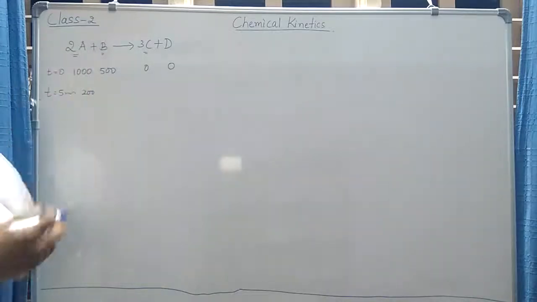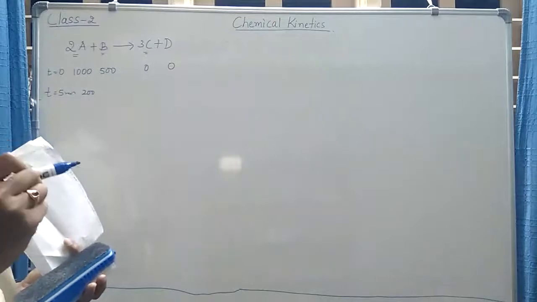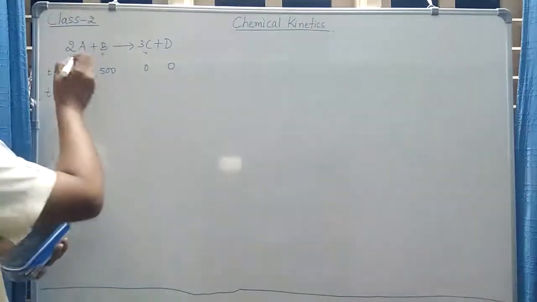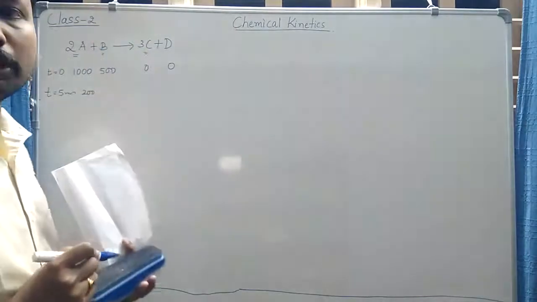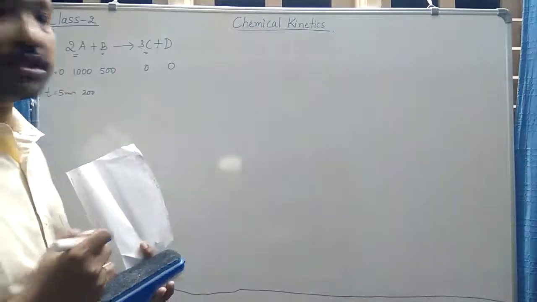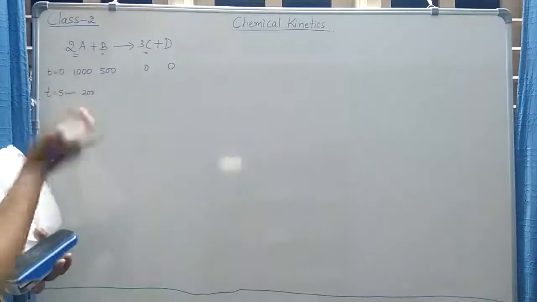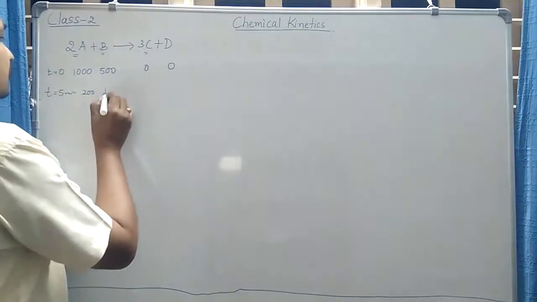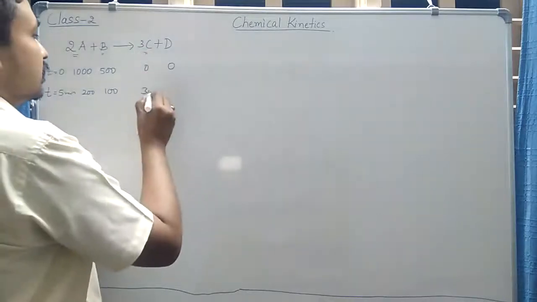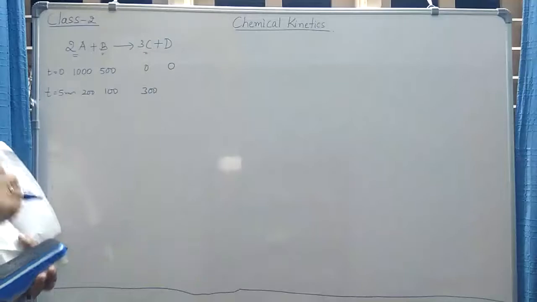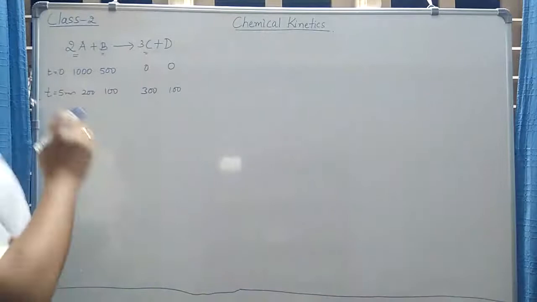Or to put it in a different way, for every one molecule of B disappearing from the reaction mixture, two molecules of A should disappear, and at the same time three molecules of C will be produced and one molecule of D will be produced. So if 200 molecules of A have disappeared from the reaction mixture, it means 100 molecules of B should have disappeared and 300 molecules of C should be formed, whereas only 100 molecules of D are formed after the 5th minute.